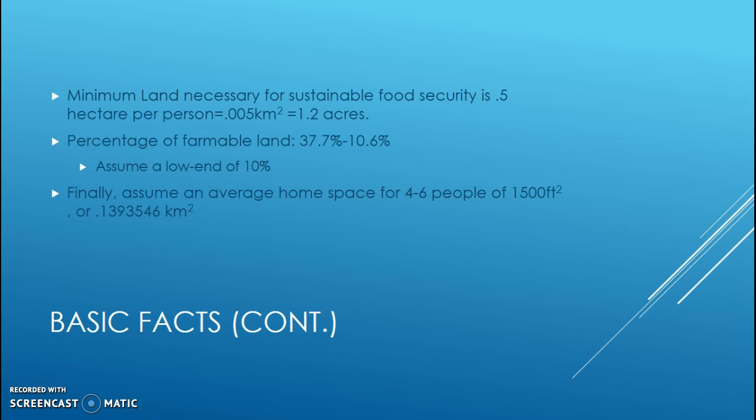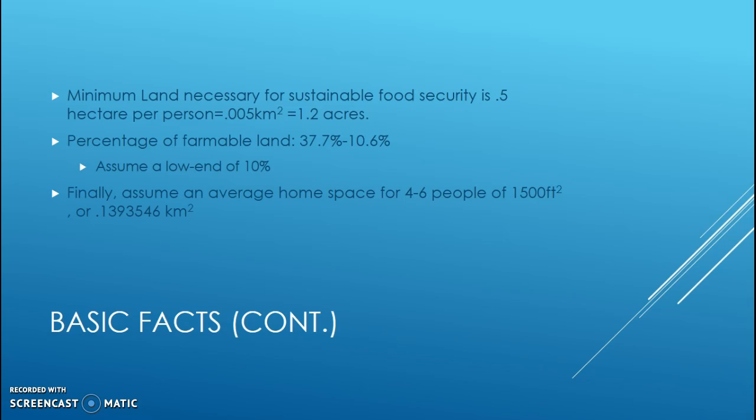What's an are? It's approximately 100 square meters. Converting that to math, 0.5 hectares is equal to 0.005 square kilometers, or approximately 1.2 acres. If any of those numbers sound familiar, good for you. You were paying attention in high school.